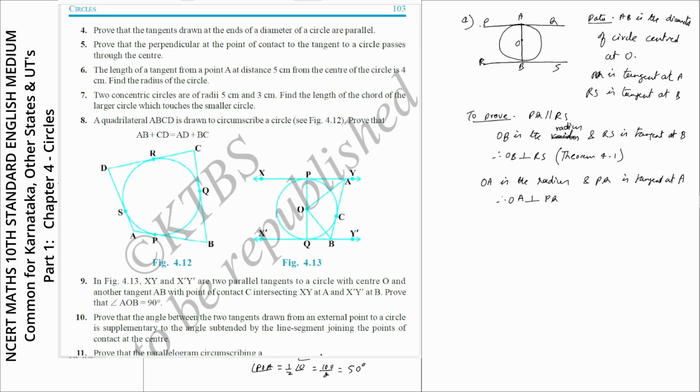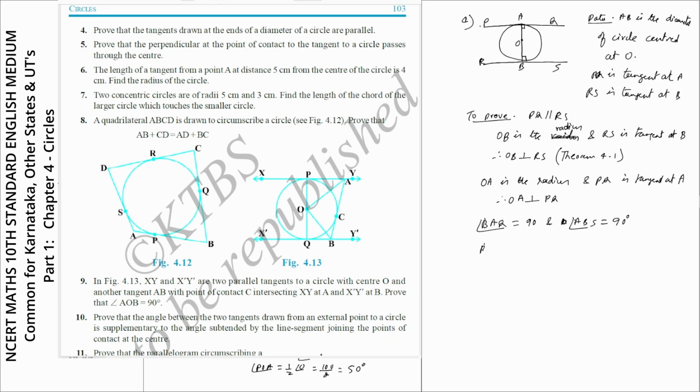That means it makes an angle of 90 degrees. Now you can see that angle BAQ is equal to 90 degrees, and angle ABS is equal to 90 degrees.